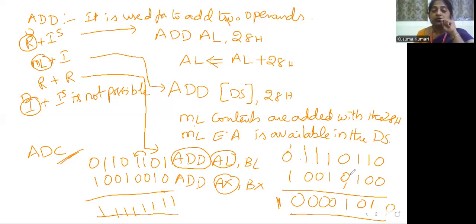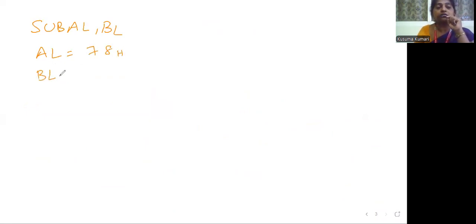Similarly, subtractions also. For example, SUB AL comma BL. If AL equals 78 hexa and BL equals 23 hexa, it is the biggest number minus the smallest number, and the subtraction can simply be done.